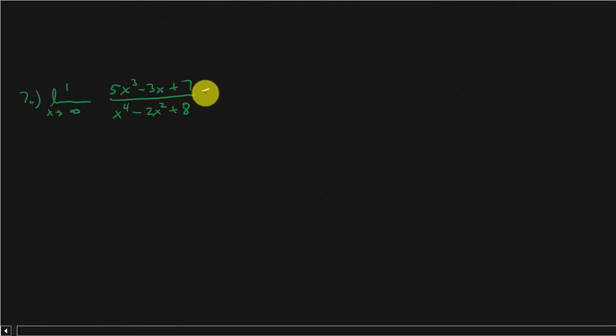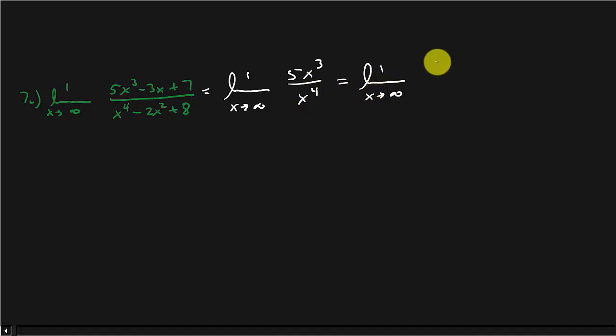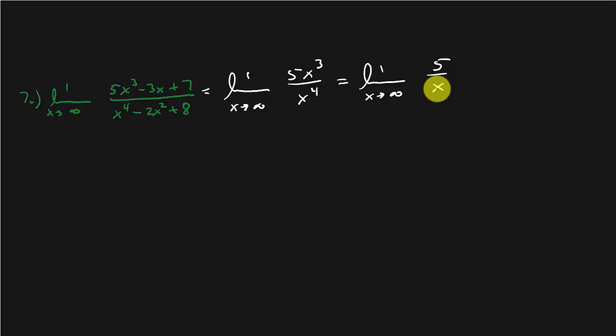This is the limit as x goes to infinity of 5x cubed over x to the 4th. And look there, the x cubed and the x to the 4th cancel, so that's the limit as x goes to infinity of 5 over x. All right, so what's happening here? Well, we got 5 over x, and x is getting larger and larger.